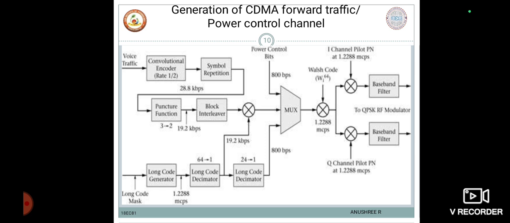For a data rate of 14.4 kbps, the output from the symbol repetition block will be 28.8 kbps. The puncture function block selects 4 bits out of every 6 offered and thus reduces the data rate to 19.2 kbps, which is what the block interleaver needs to see.